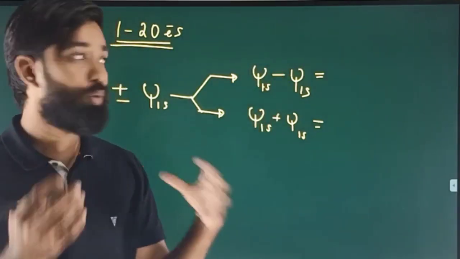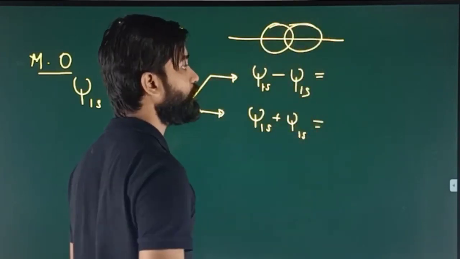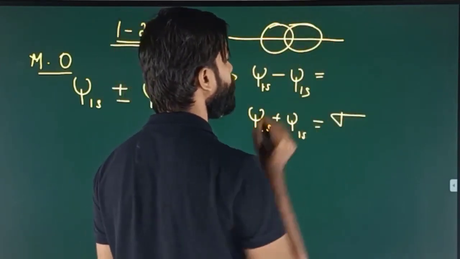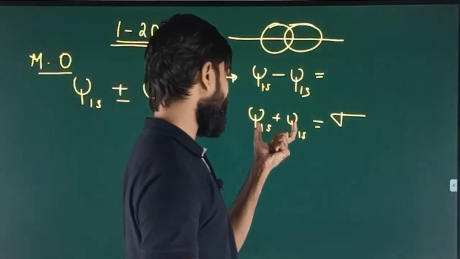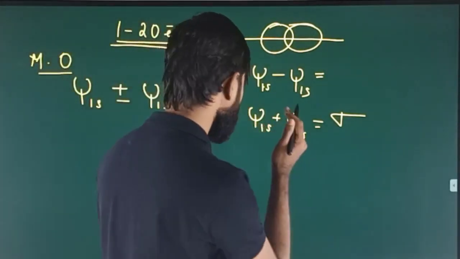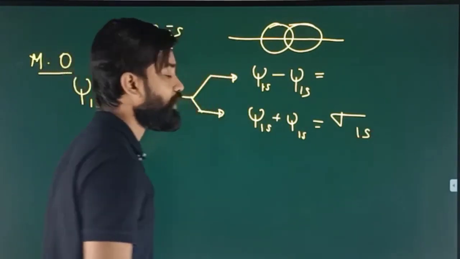Since the combination of two s orbitals is always along the internuclear axis, the formed molecular orbital has the initial sigma. So the bonding molecular orbital by the combination of 1s orbitals of two atoms leads to sigma 1s.